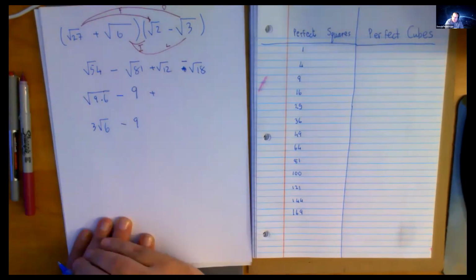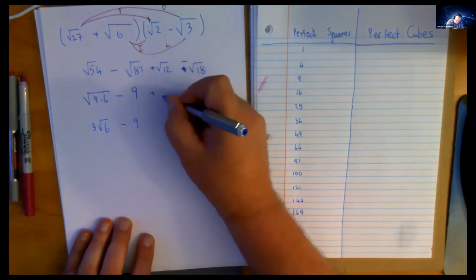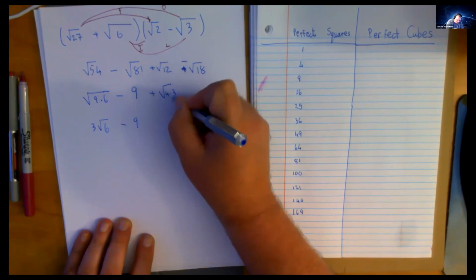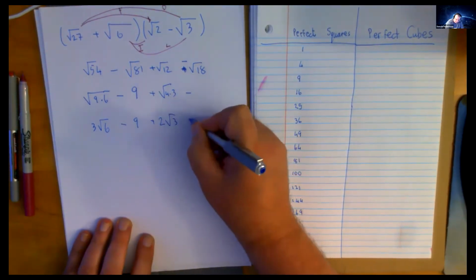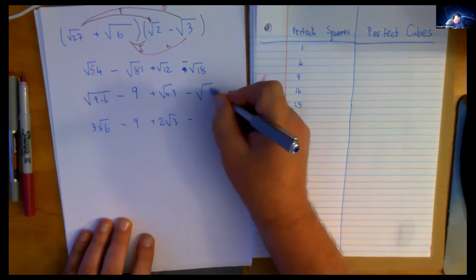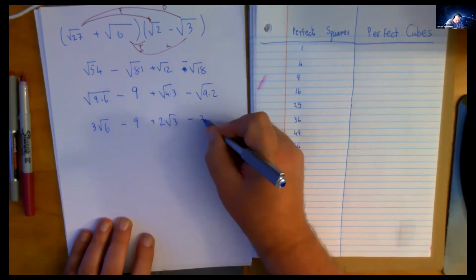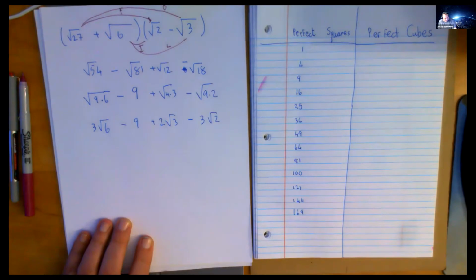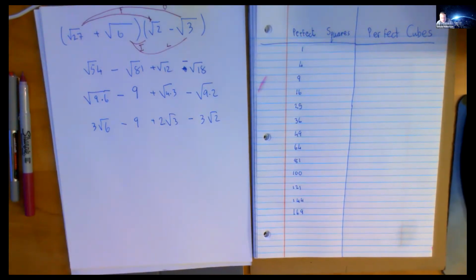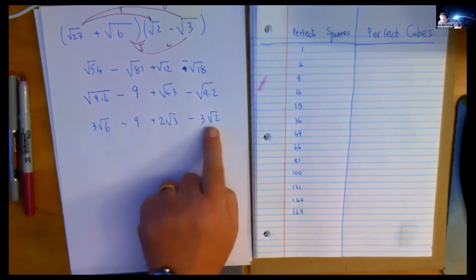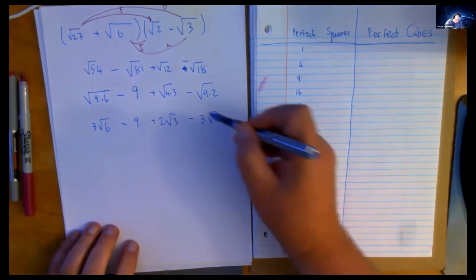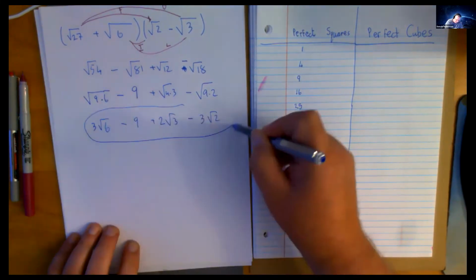I'm picking the easy one because I want the easy ones for me today. 12 is 4 times 3. So won't that get me 2 root 3? 18, I believe, gets you 9 times 2. Won't that get you 3 root 2? Quick search, different. Can't do anything else. That horrible mess is the answer.